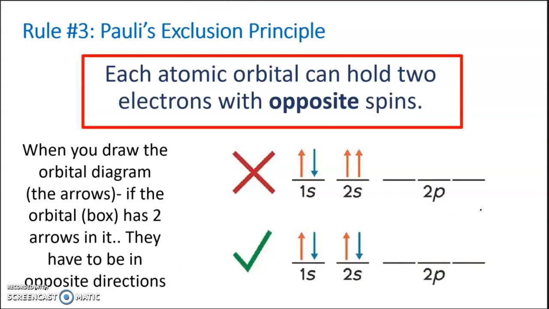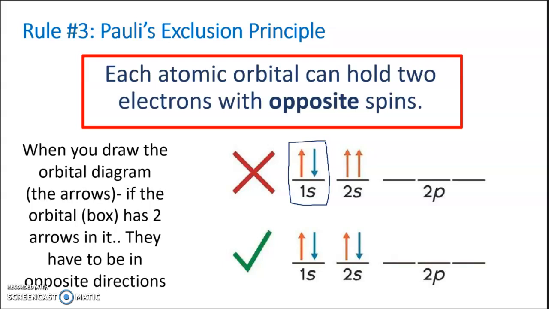That's Hund's rule. And then the reason why the arrows get drawn one up, one down is the Pauli exclusion principle. This has to do with quantum numbers, which is really out of the scope of 10th grade chemistry, what you need to know. But in an orbital, you have 2 electrons and they have to have opposite spins. It has to do with the magnetic fields that are created. They are opposite of one another.